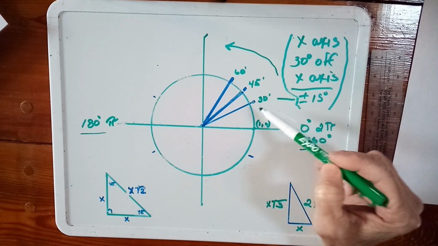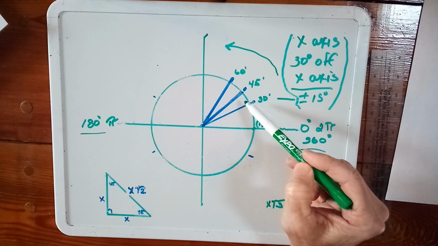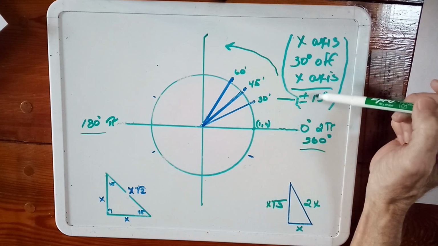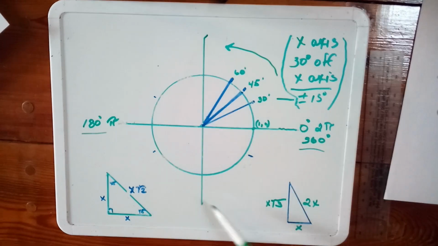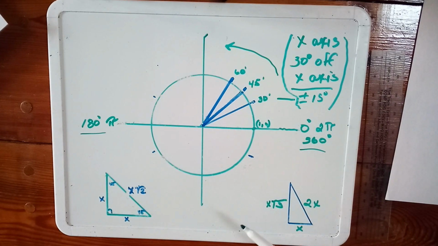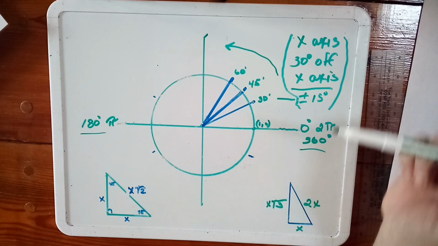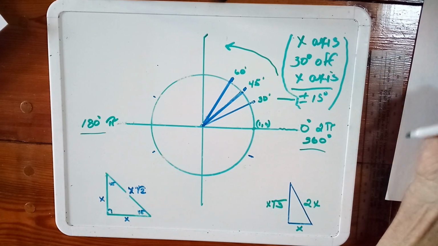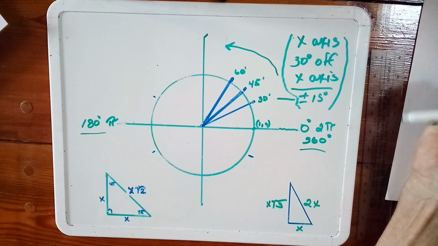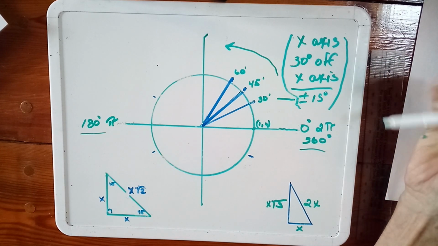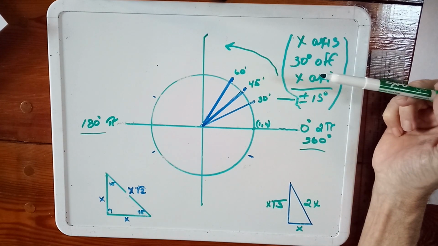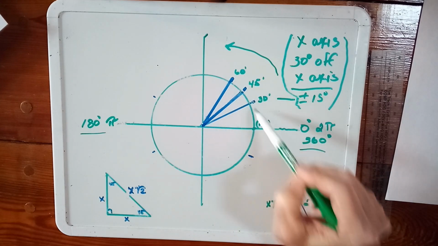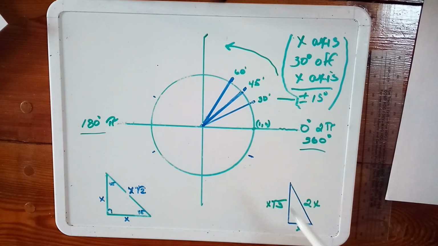Now in this quadrant, because I'm going this way, I'm going to add 15 to that. Actually, I'm going to be adding 15 all the way around. I shouldn't say that. I am going to be subtracting in one quadrant. Yeah, we'll talk about that. So anyway, 30 plus 15 is 45. 45 plus 15 is 60. So now I have my first 3 in degrees.